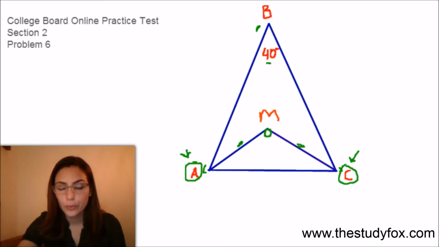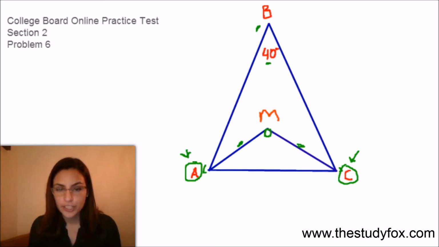Let's start with what we know. We know angle B is 40, and angle A and angle C equal each other. This is perfect because the angles in a triangle always add up to 180 degrees, for every triangle.